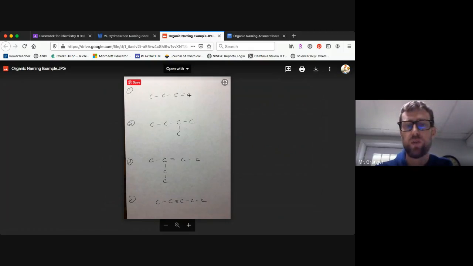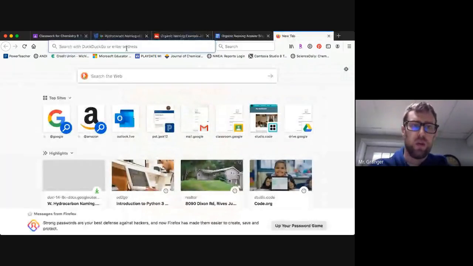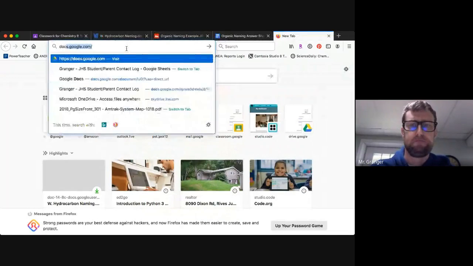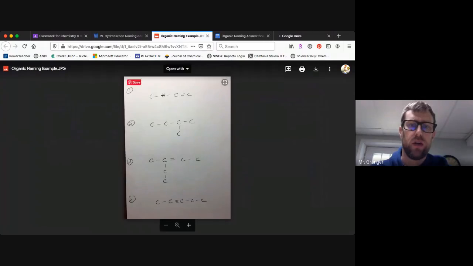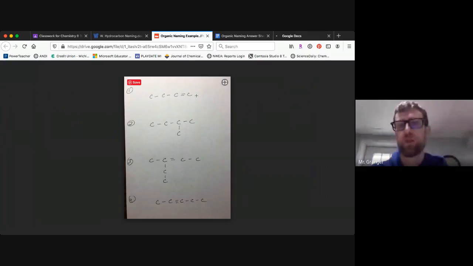So this first structure we want to go ahead and name, and we want to look at the structure. How many carbons long is it? That's the first question. What is the backbone of the structure, or the longest carbon chain?